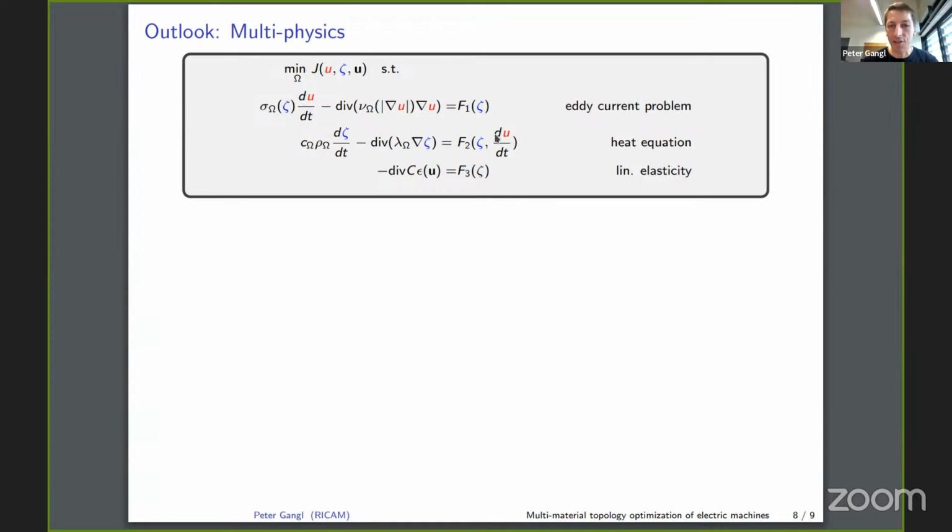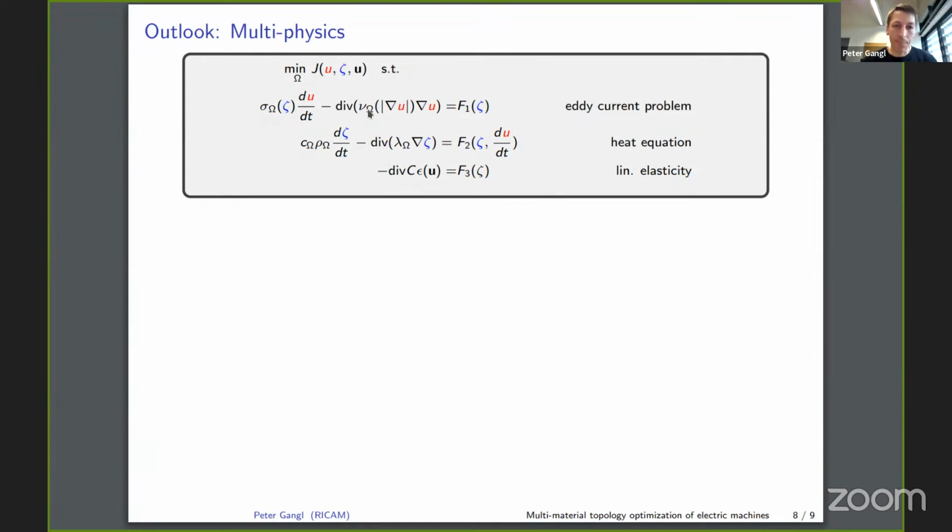These losses actually serve as a heat source. So we should couple it with a thermal equation, a heat equation, because the temperature has a large impact on some of the material parameters. So this should actually be done, and this is one of the next steps we wanted to do.